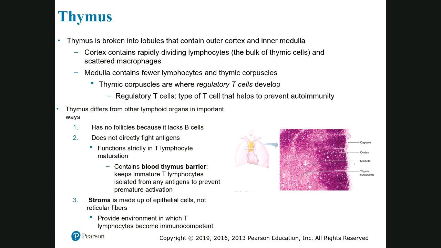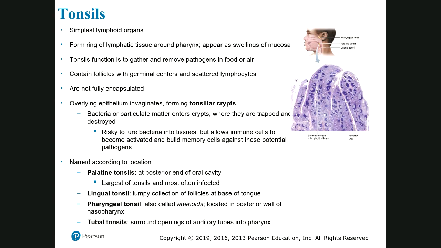All right, and then after that, we pass to the tonsils. The tonsils are a very simple lymphoid organ. They form lymphatic tissue around the pharynx.